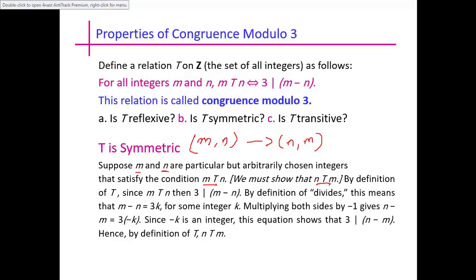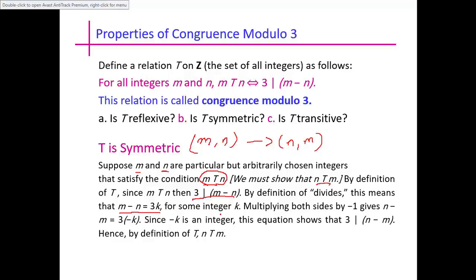So by applying the definition on these two integers, we see that m is related to n means 3 divides m minus n, and by the definition of divisibility, m minus n is equal to 3 times some integer k.